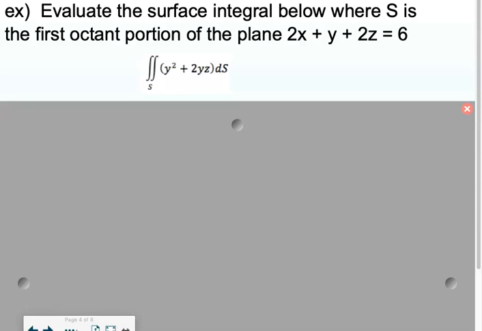So there's a couple things that you have to do. This is the first octant portion. I'm going to solve this for z. So everyone take a second and solve 2x plus y plus 2z equals 6 for z. You can do this.